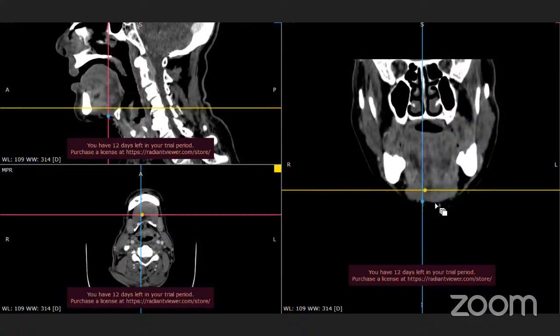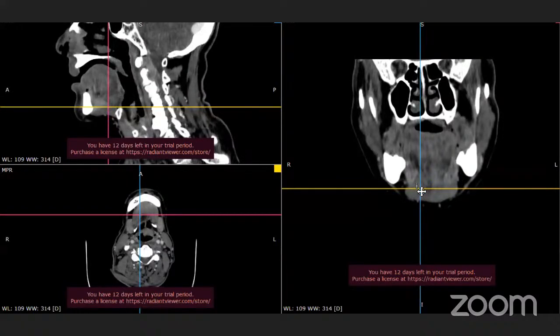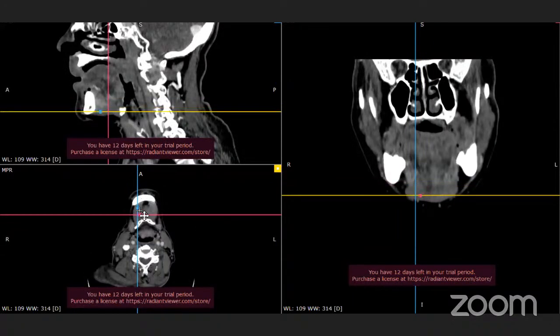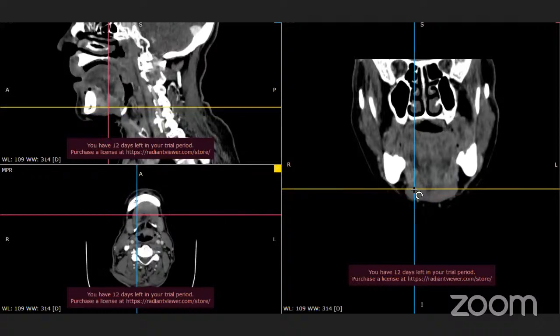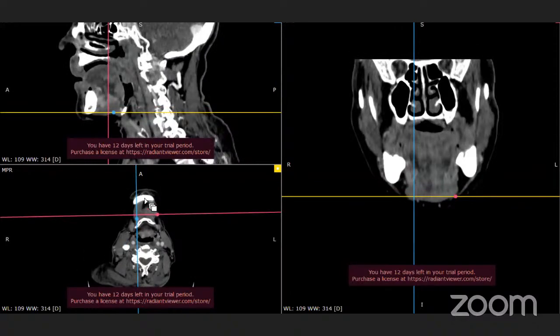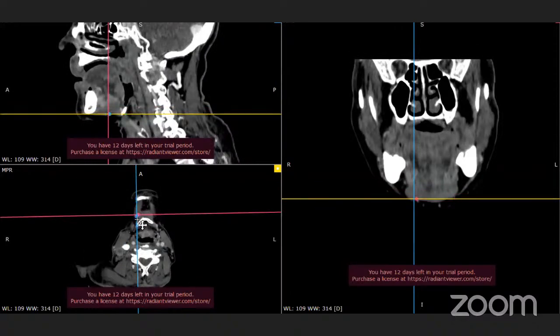This is the U-shaped muscle that we talked about. And on axial, this is the level of the mylohyoid. Any nodes in between this triangle? So this is the anterior belly of digastric, I guess.